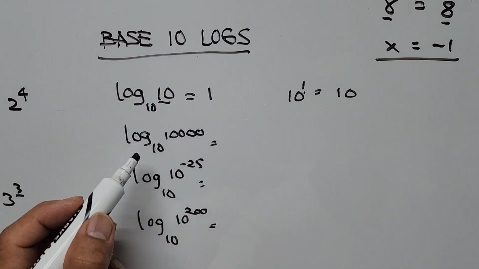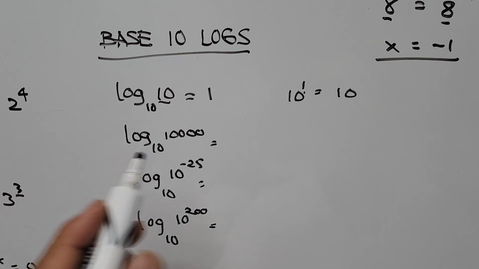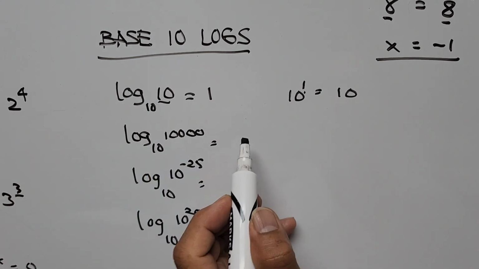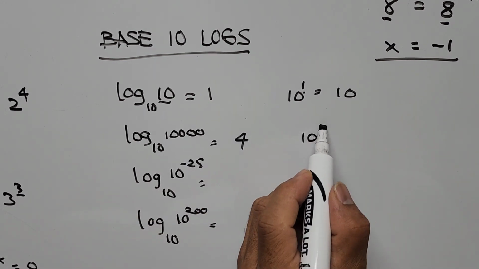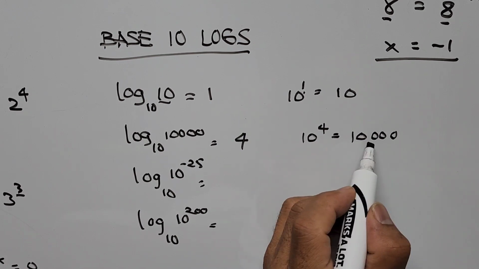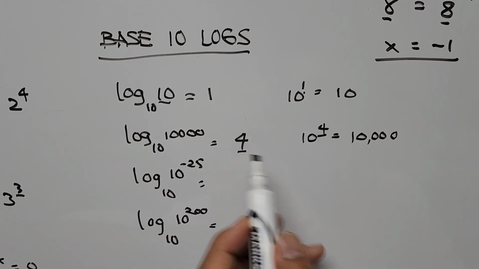How about here? Log of 10,000 to base 10. So once again, you have to count the zeros. 1, 2, 3, 4. So the answer is 4. 10 to the power of 4 is equal to 10,000, right? So the exponent is 4. Okay?